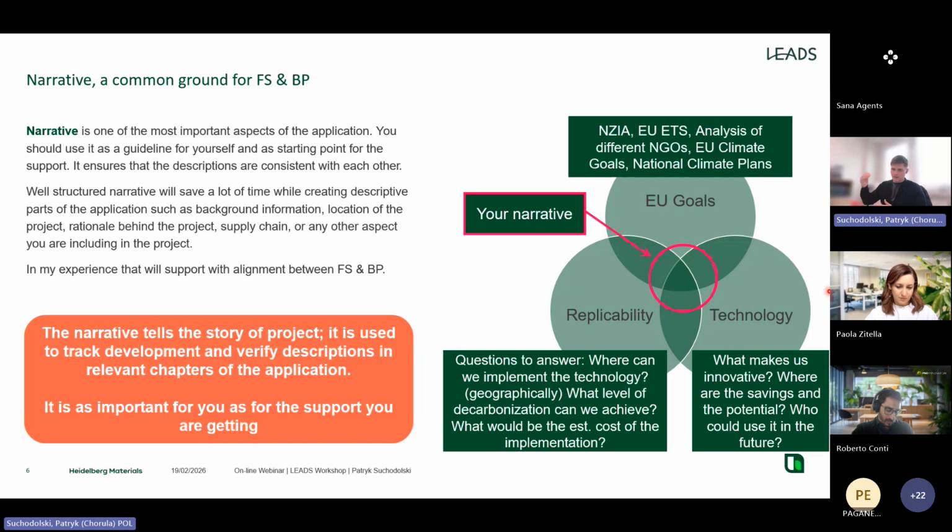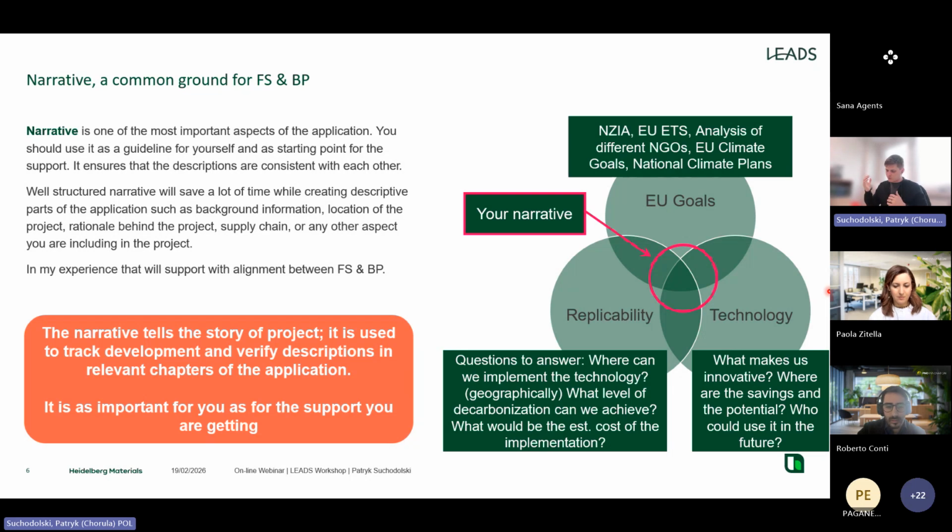Also, you focus on the technology, how to prove what is innovative and how to prove this is state-of-the-art technology. And the replicability, where we show how your technology could be replicated in different geographical locations, as well as different sectors.